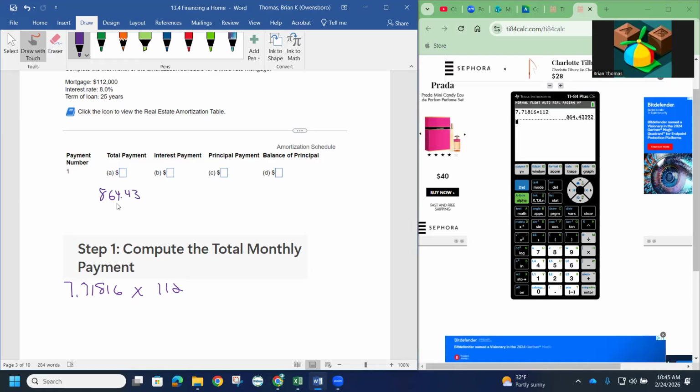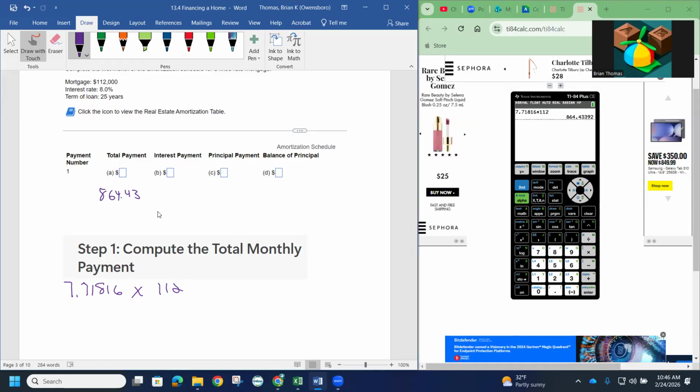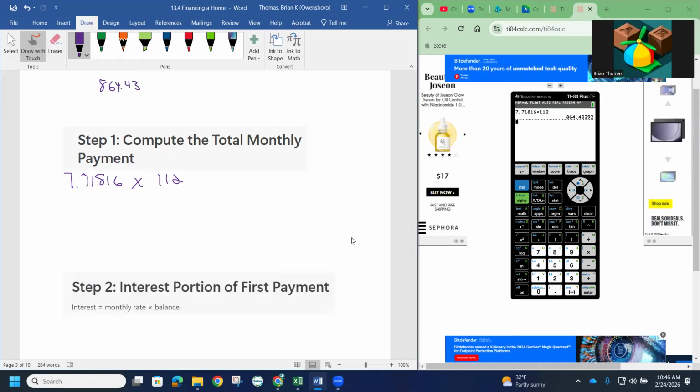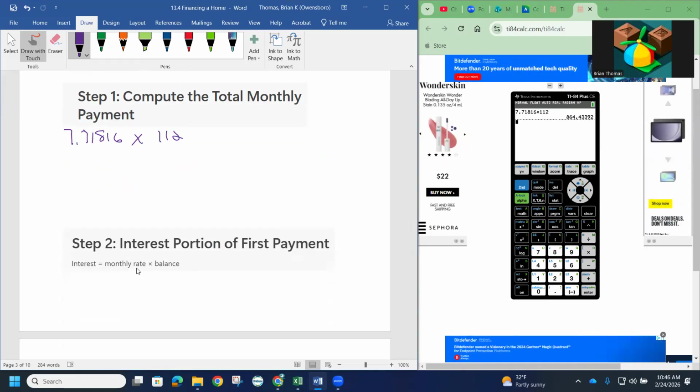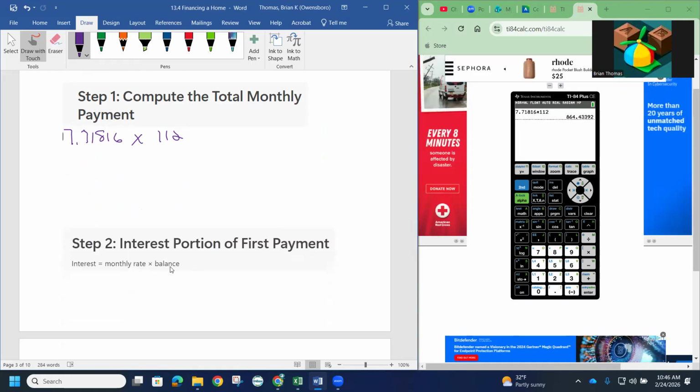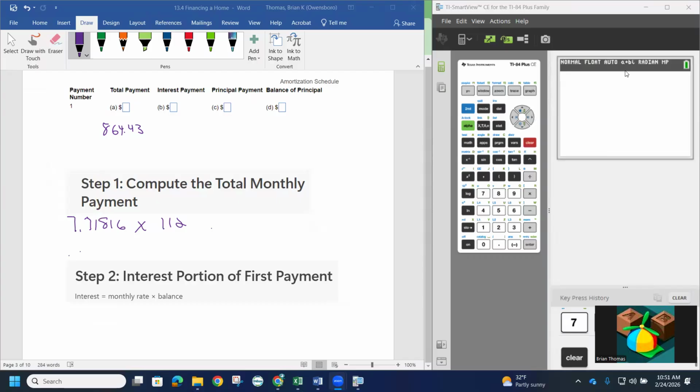Now, to determine the interest payment, let's see how we can do that. Interest is the monthly rate times the balance. As we said, our monthly payment is $864.43.